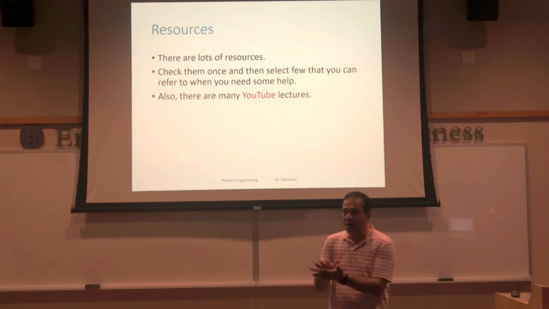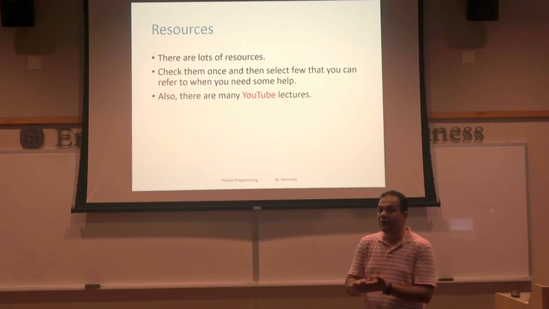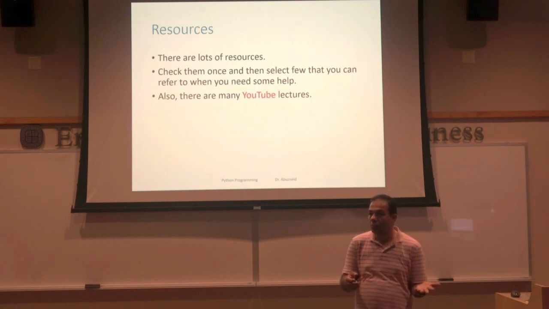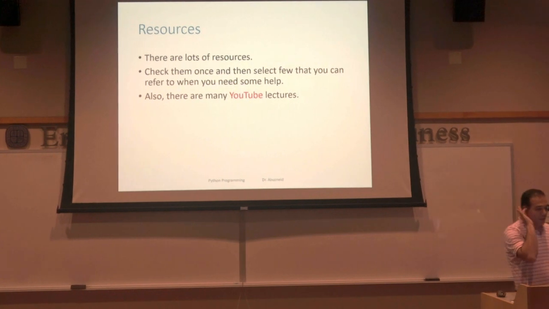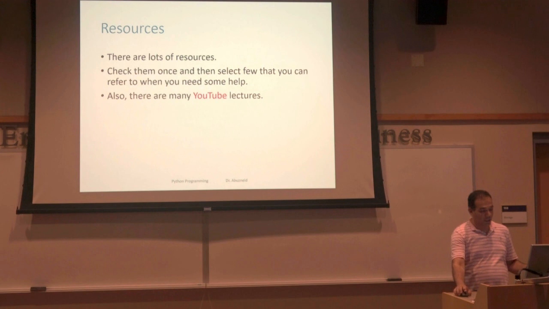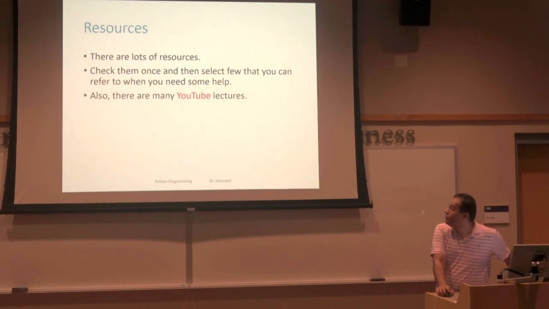So truly, having a book is nice to go through, okay? It gives you a sequence, but definitely when you need to search for something, the best thing is to use Google, right? It will give you much more than that. Anyways, there are lots of resources. Check them once, and then select a few that you can refer to whenever you need them.